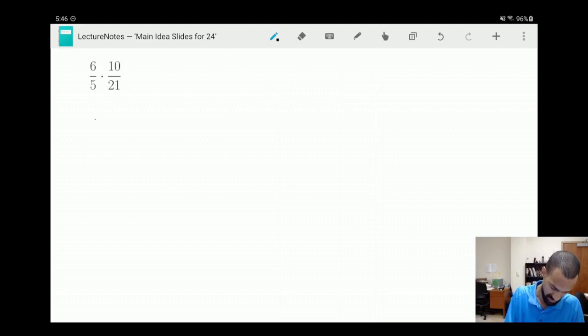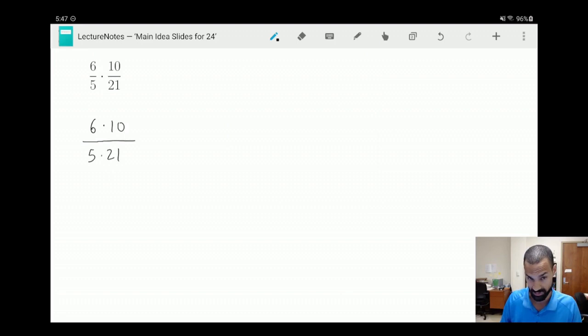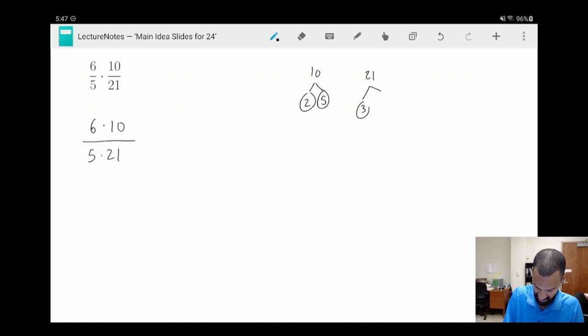Real quick, remember that you multiply the top numbers together and you multiply the bottom numbers together. That's always true when you're multiplying fractions. But let's go ahead and find the prime factorization for 10. That's 2 times 5. And 21, that's 3 times 7. While we're at it, let's find the prime factorization of 6 as well.